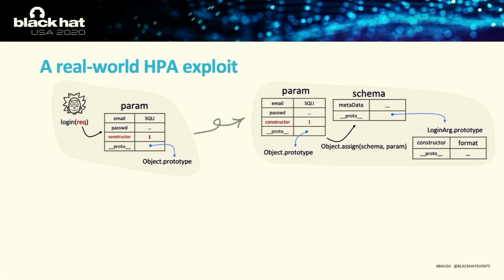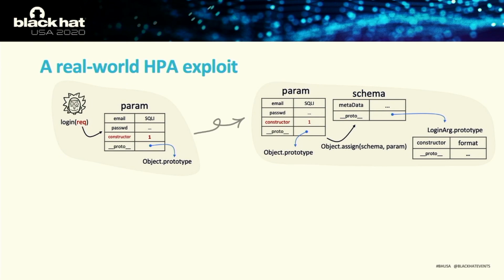In the second step, the program will prepare the parameters needed by the input validation API. The server program will merge the user input, which is the param, with an object named schema. The merging operation is performed by putting every property of the param object into the schema object. So this is a process very much like Object.assign.